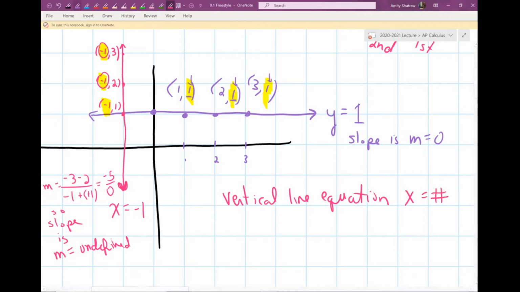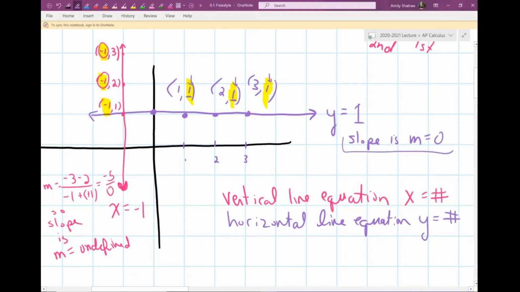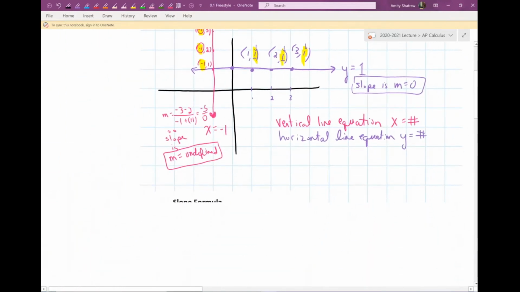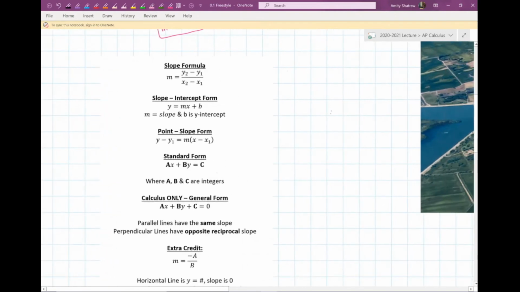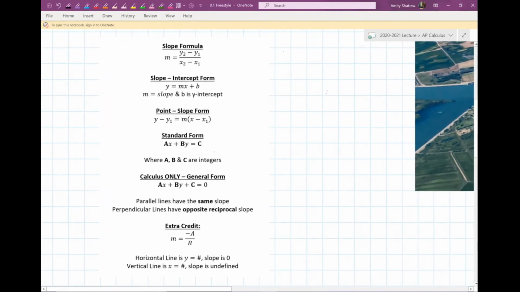And if I have a horizontal line, its equation will be y equals some number. And again, it's important for you to remember slope of horizontal is m equals 0, and slope of vertical is undefined. I say it's important to remember because it's on my little cheat sheet about linear equations.